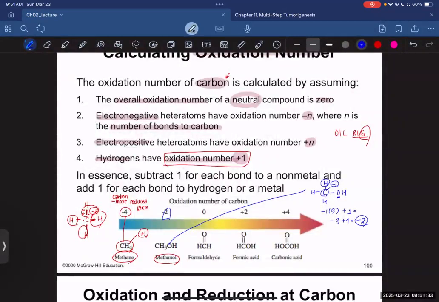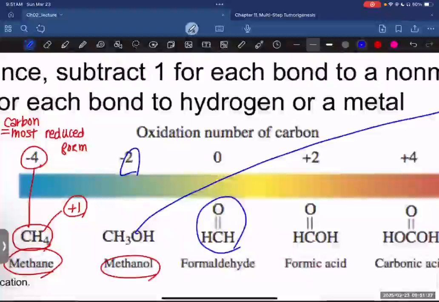And then when we look at formaldehyde, in this case, we're able to see that for carbon, likewise, we have the carbon bonded to hydrogens, which means that the carbon is going to be the more electronegative atom, and therefore it's now going to have -1 from each hydrogen, but it's bonded to the more electronegative oxygen through 2 bonds.